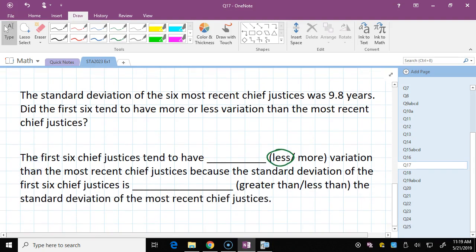Yeah. The first 6 had a lower standard deviation than the other guys. The lower your standard deviation, the tighter that data is, the less variation. The larger the standard deviation, the more variation there is. Okay.